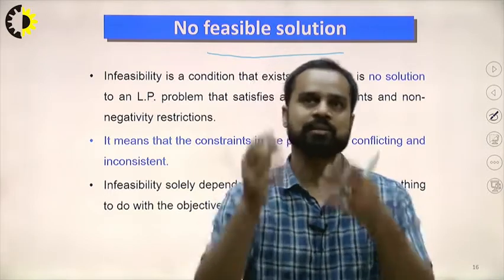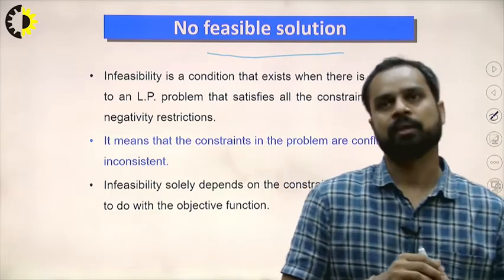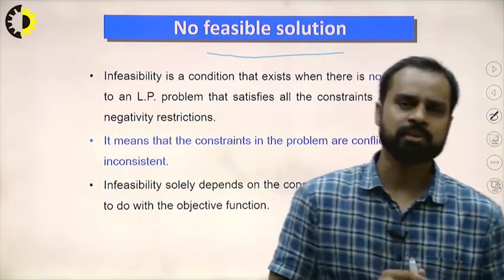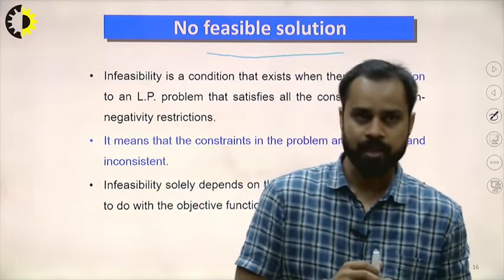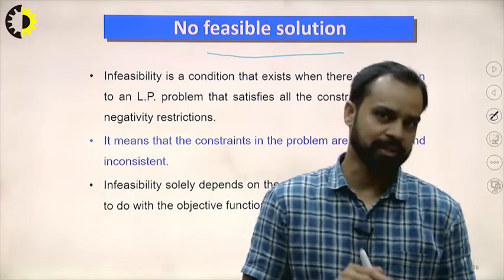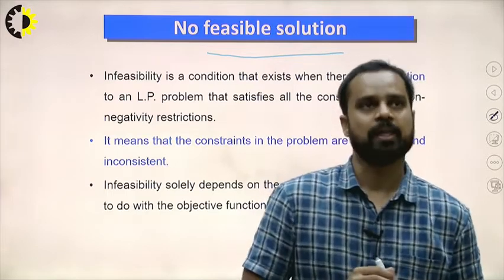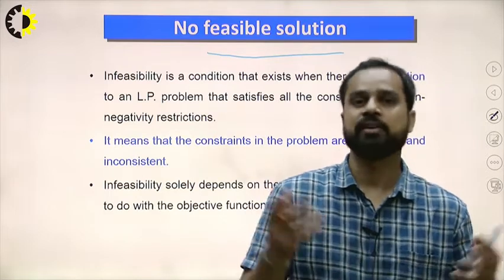For example, a manager has an industry whose capacity is producing 500 parts per day. The maximum capacity of the industry is 500 parts, any of the parts can be produced. And he takes an order from outside of 800 units per day.